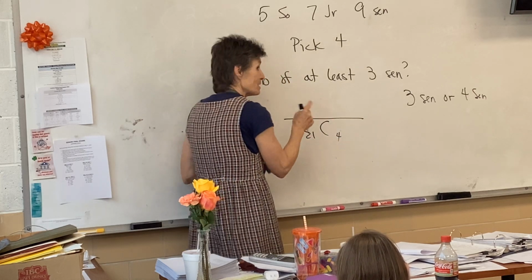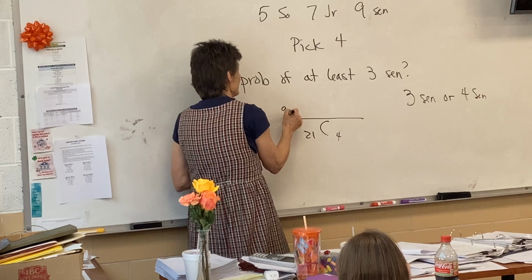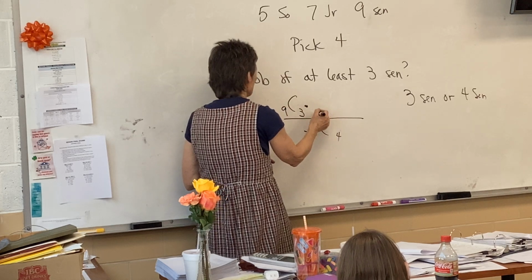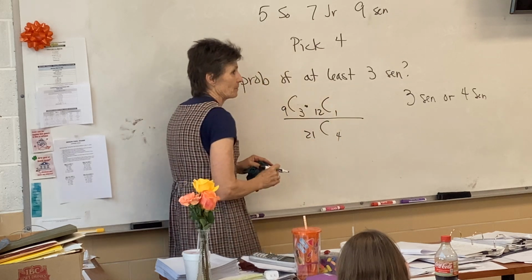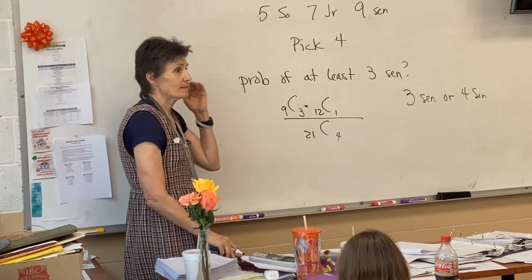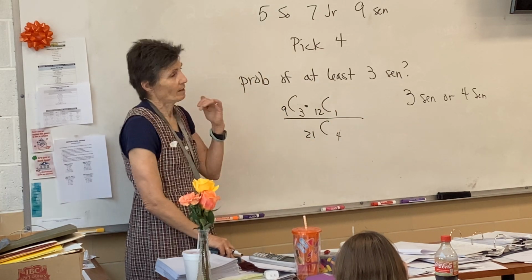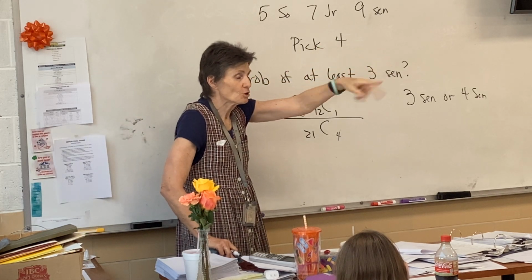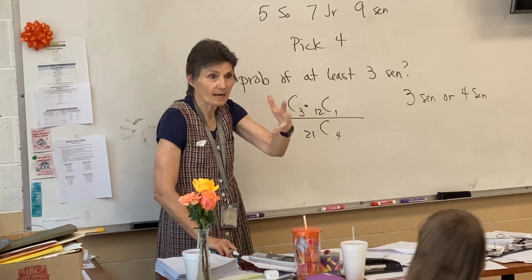So what would 3 seniors look like? 9C3 times 12C1. Why is it 9C3 times 12C1? Because I'm picking 4. If 3 of them are seniors, what's the other one? Not a senior.